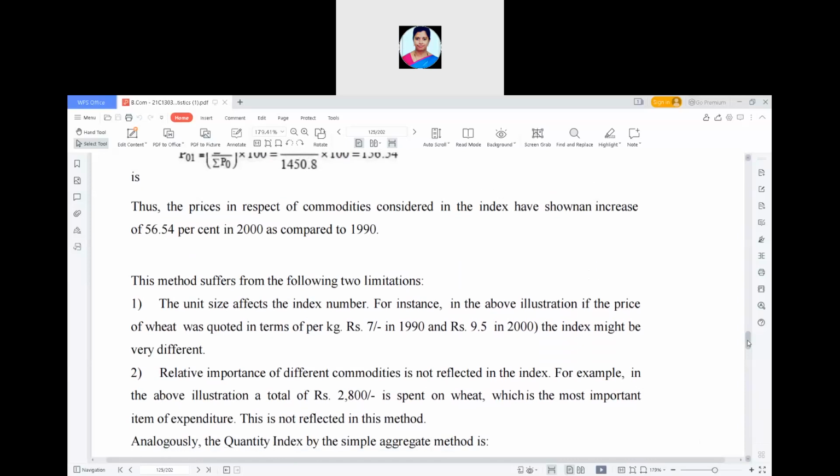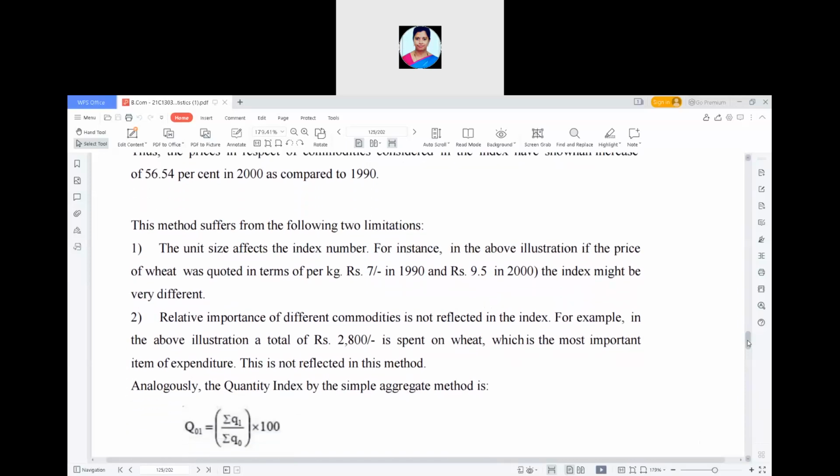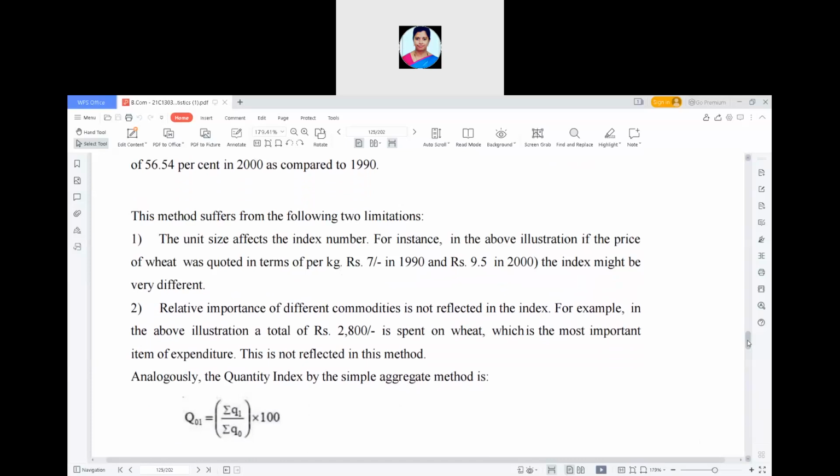The next one is the limitations. So this method suffers from the following two limitations. First, the unit size affects the index number here. For instance, in the above illustration the price of wheat was quoted in kilograms, but if it were quoted in rupees at 9.5 in 2000, the index might be very different.